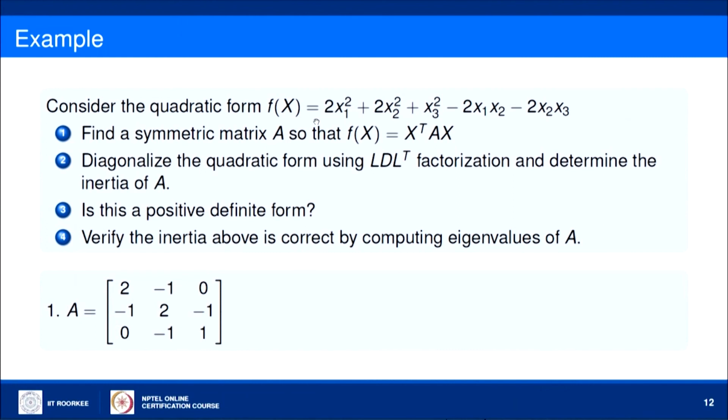In the same way, we can have a diagonal form of a quadratic form. So, consider the quadratic form f(x) equals 2 x1 square plus 2 x2 square plus x3 square minus 2 x1 x2 minus 2 x2 x3. Find a symmetric matrix A so that f(x) equals x transpose A x.